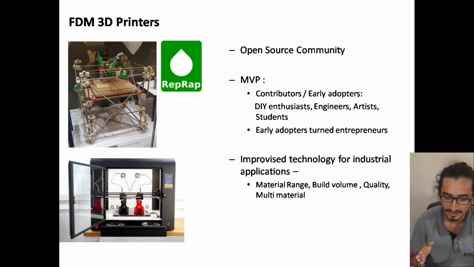And many such innovators or DIY enthusiasts, when they were building or using a 3D printer, attracted their peers, the local community, or whomsoever they were in touch with, and they were ready to pay for it. Eventually they built it into something sturdy, where the number of materials they could print was larger.